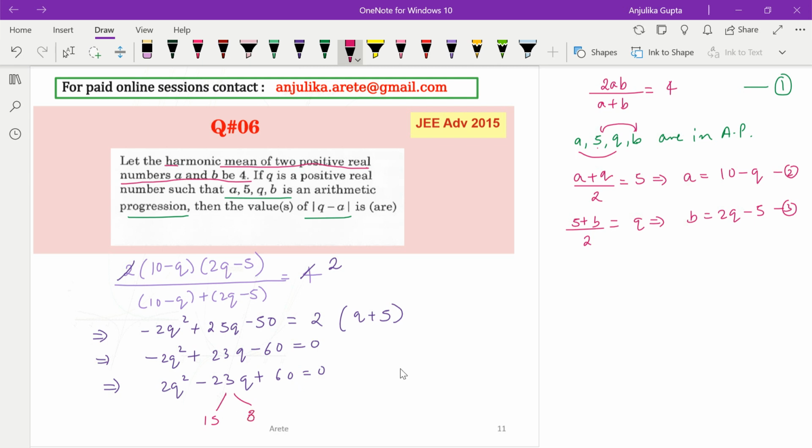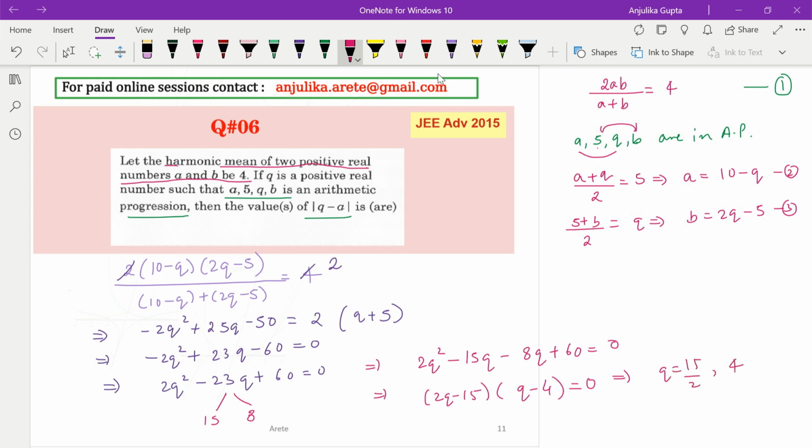So 2q squared minus 15q minus 8q plus 60 is equal to 0. So let's factorize. What do you get? You will get 2q minus 15, and I have skipped one step, I hope that is fine, and the other would be q minus 4. This is the factorization you get. So the q values you're going to get are 15 by 2 and 4.